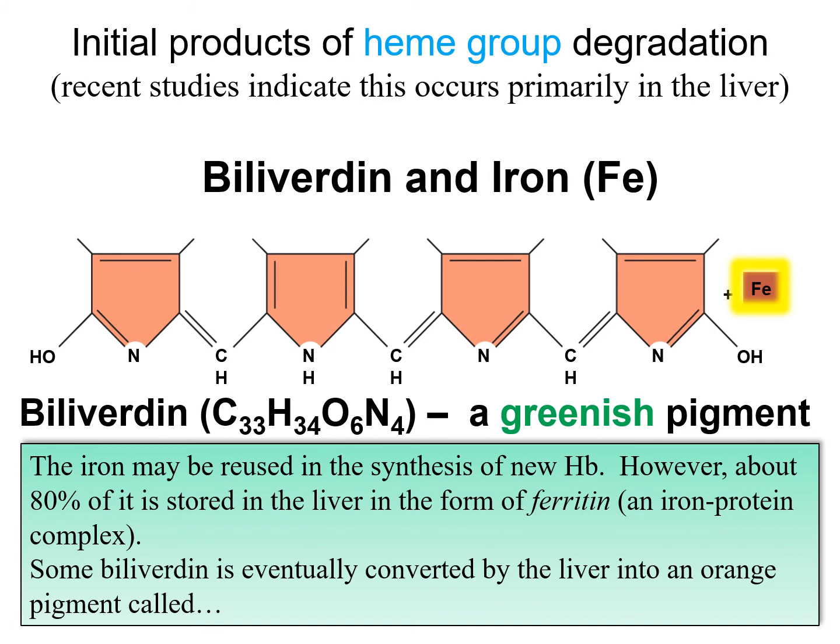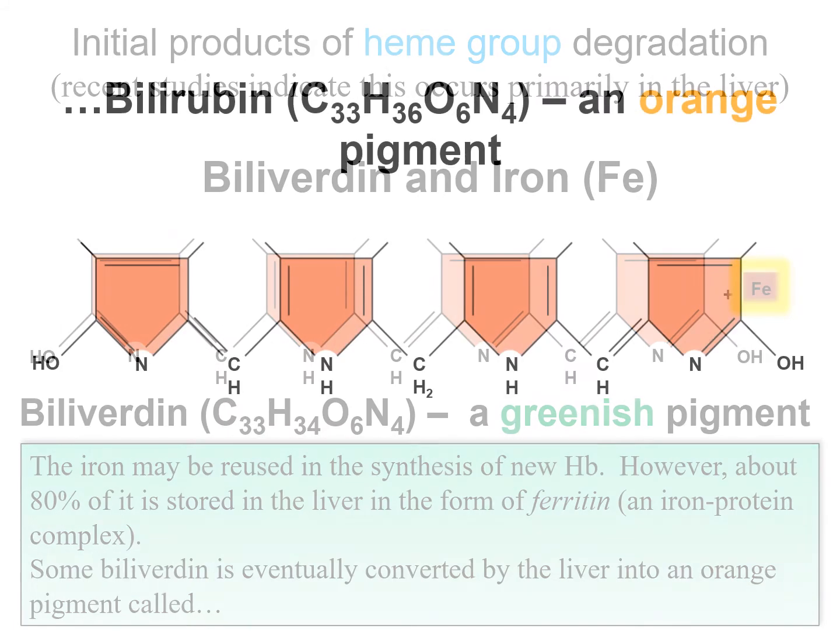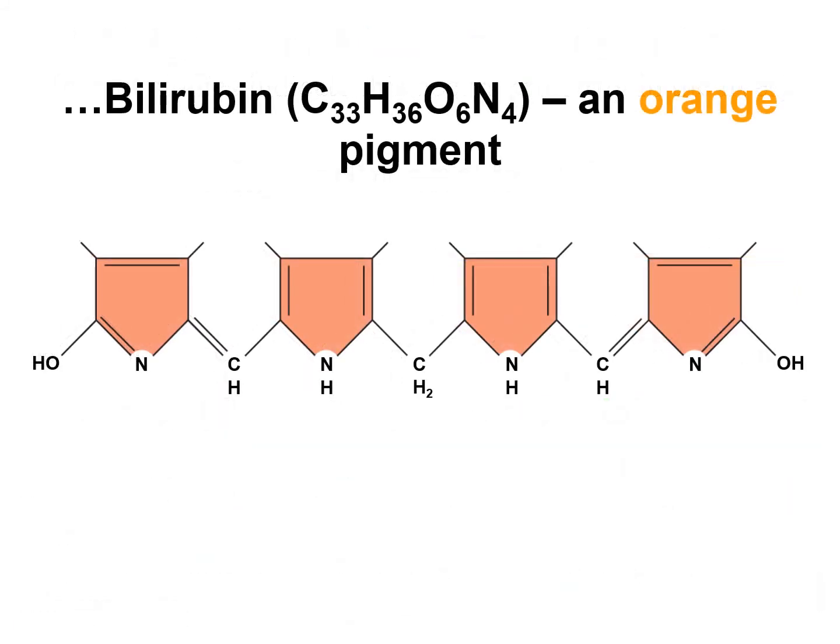Now this biliverdin that we were talking about, this greenish pigment that was produced initially from hemoglobin degradation by the liver cells, eventually this stuff gets converted to the compound that you probably have heard of called bilirubin, which is an orange pigment. So we've rearranged some of the elements here in those four ring structures. Again, think of it as a close cousin to biliverdin, but this is bilirubin.